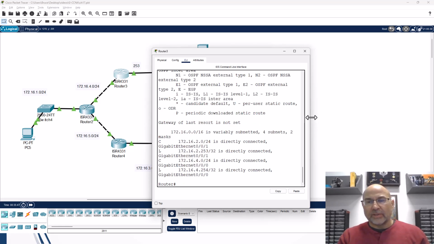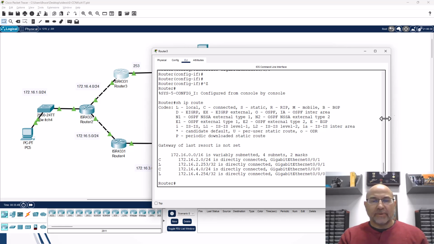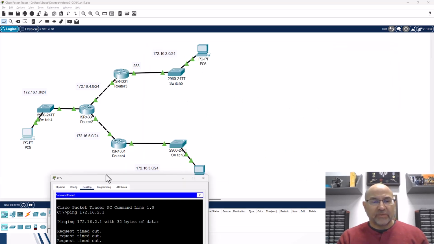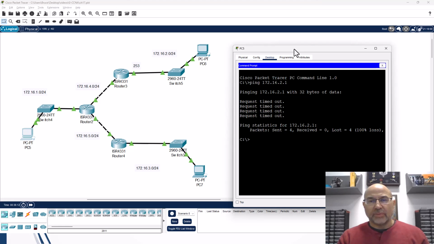So when we look at our tables, we can say, well, can I get there? It's directly connected. What this router doesn't know about is where the one network is. So let's do two things. We'll fool around with this host-specific route, and I will say that I'm going to create a host-specific route for just PC5 down here. Now PC5 hopefully should be 1.1.